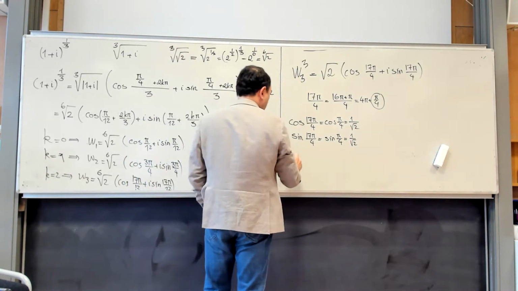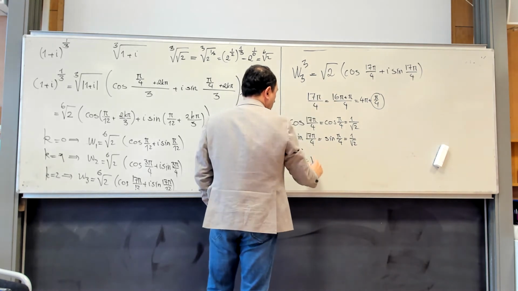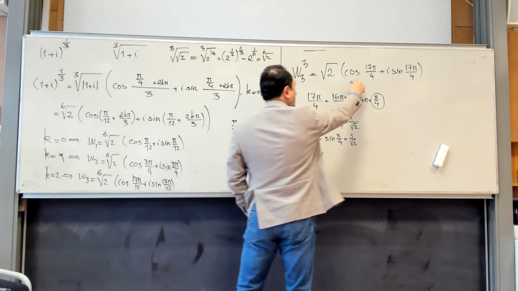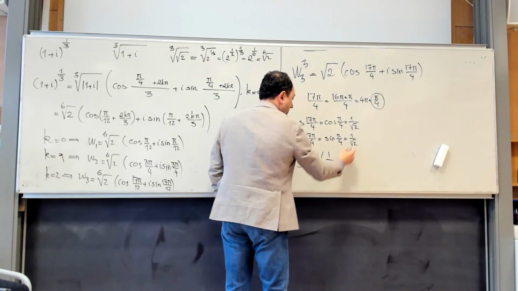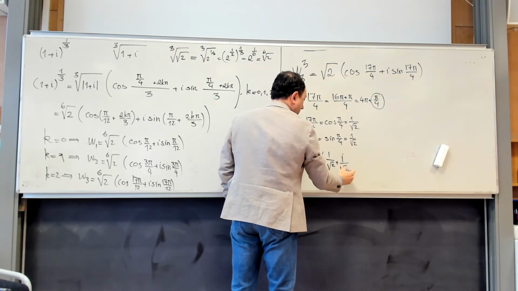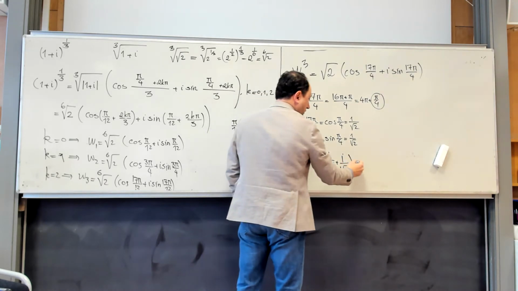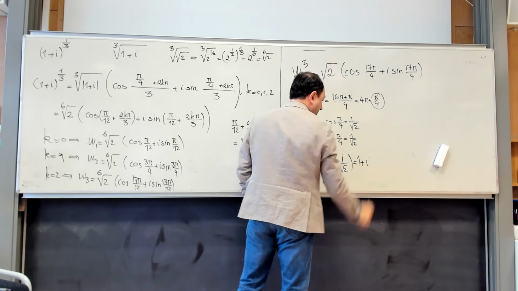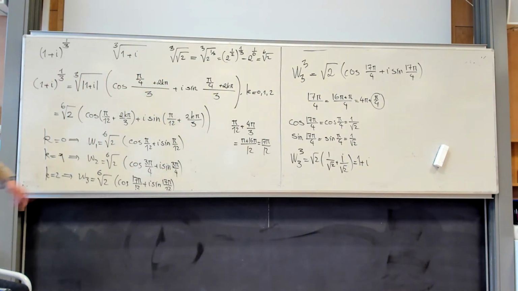So W3 to the power of 3 becomes equal to the square root of 2 times, instead of cosine of 17 pi over 4, I just put that number, and instead of that one, I put this number. Then I multiply the square root of 2 inside. The square root of 2 will cancel this one, and 1 is left. The same story for the next one, and then i is left. So we calculate W3 to the power 3, and it becomes equal to 1 plus i. So what we have done is correct.